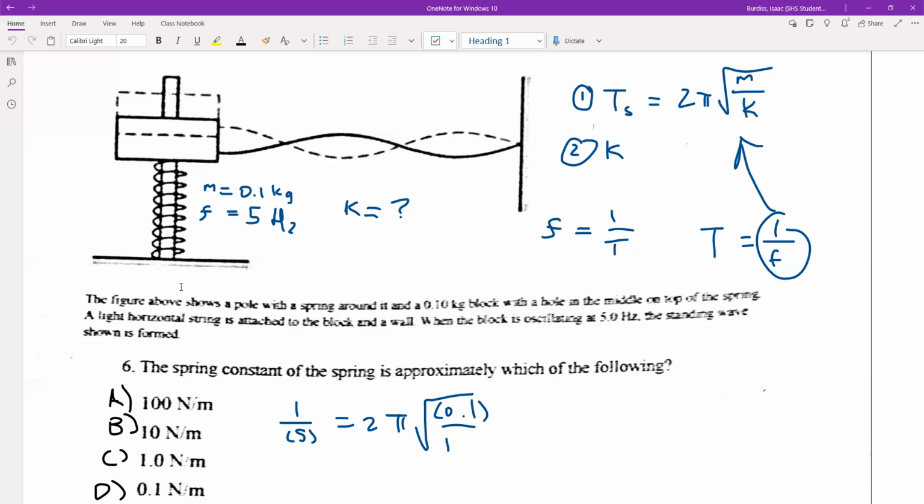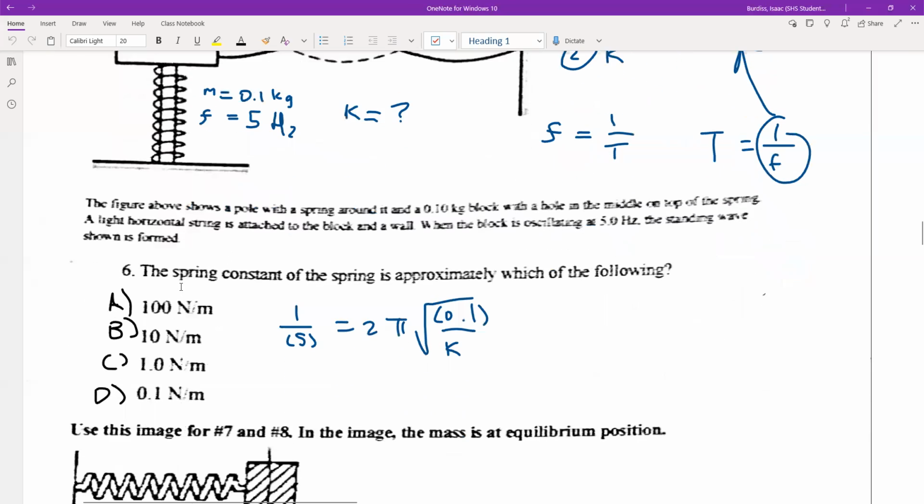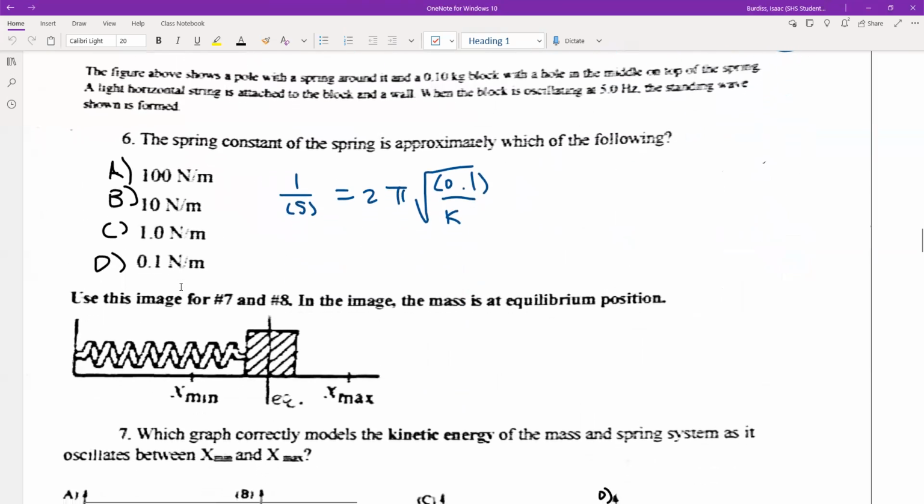Now we have to isolate k and get it by itself. So once you do that, assuming you have good algebra skills, you would find that k equals approximately 100 Newtons per meter. And that would mean A is the answer.